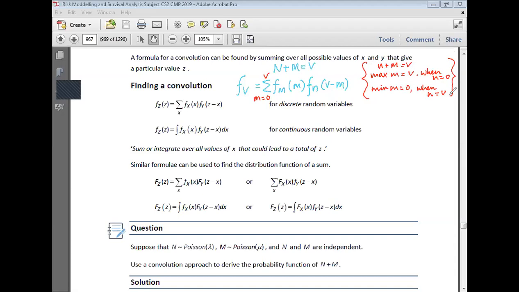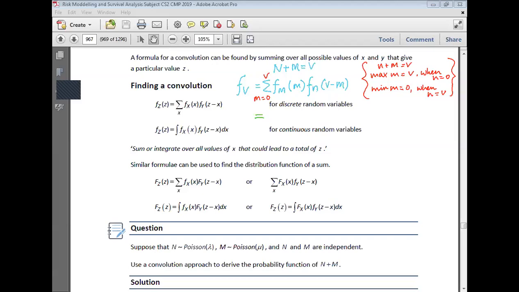We know the PDF for Poisson distribution.